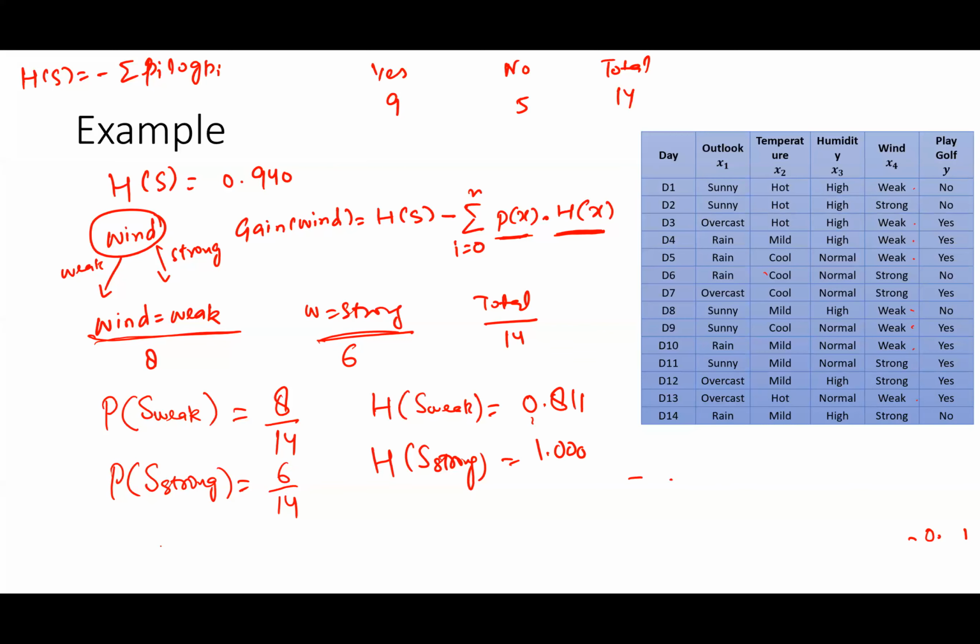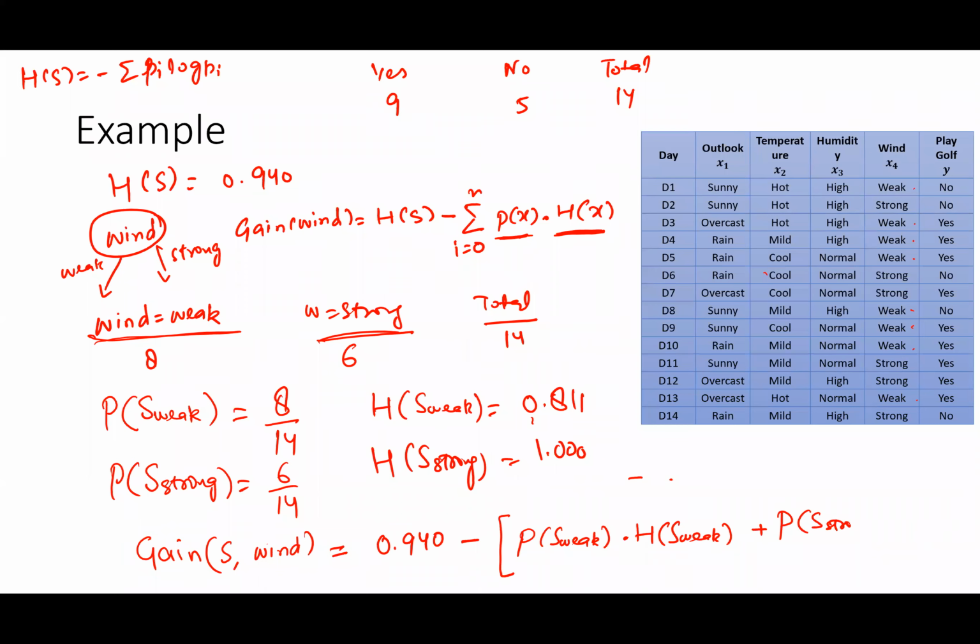Now the information gain pertaining to the system S upon selecting the wind attribute is equal to the total entropy of the system, that was 0.940, minus the summation of P of S weak times H of S weak plus P of S strong times H of S strong.